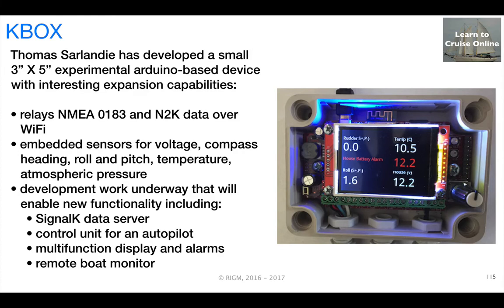Very interesting is that development work is well underway that will enable new functionality, including a Signal K data server. And I've been sufficiently inspired by this device that I'm personally helping to contribute code that will enable it to act as the control unit for an autopilot, as a multifunction display with alarms, and as a remote boat monitor.